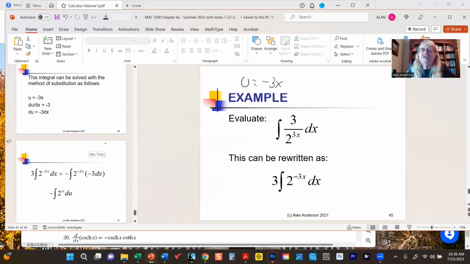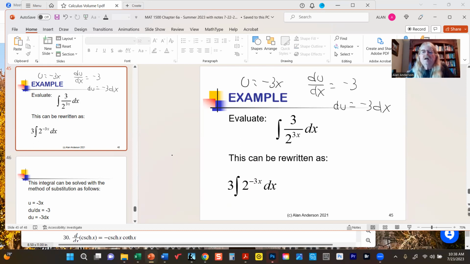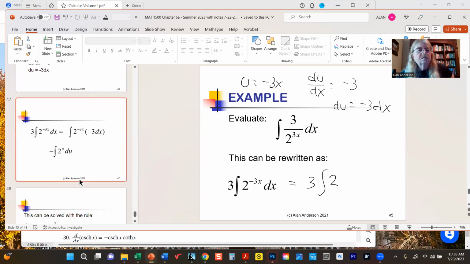We're going to end up with a to the u. So what we have here, I moved the 3 to the outside, of course. We have 3 integral of 2 raised to the u power.